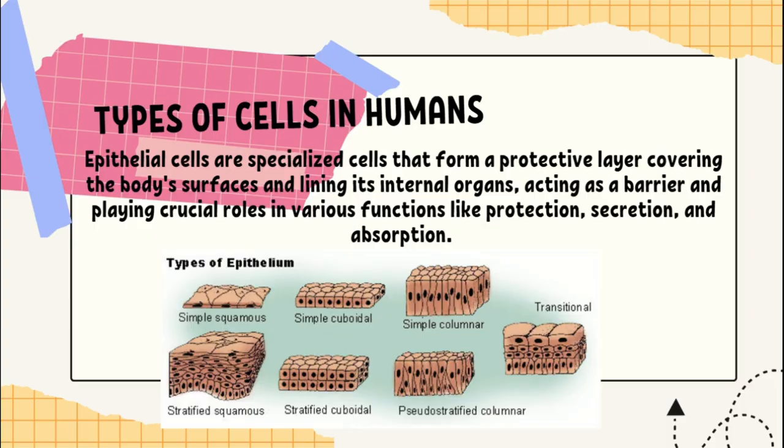They form protective layers, covering the body surfaces and lining internal organs, right? So most organs have an epithelium. For example, in the stomach we have special epithelial cells, and even in the intestine.